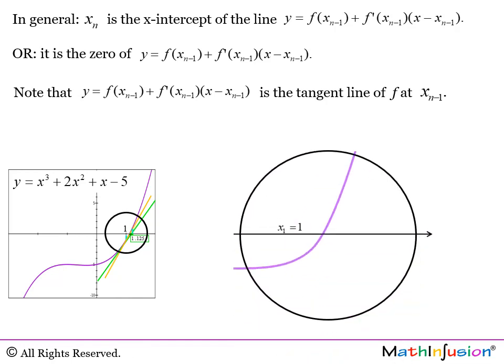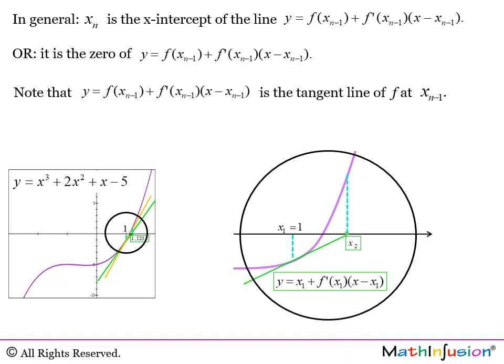Let's magnify that. We started with our first value of x1 to be 1. Here's a tangent line, and here's the equation of the tangent line. The 0 of this tangent line was x sub 2.